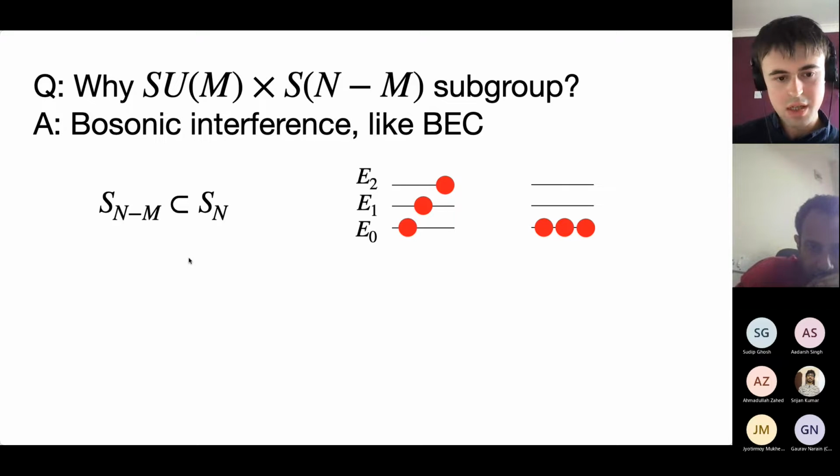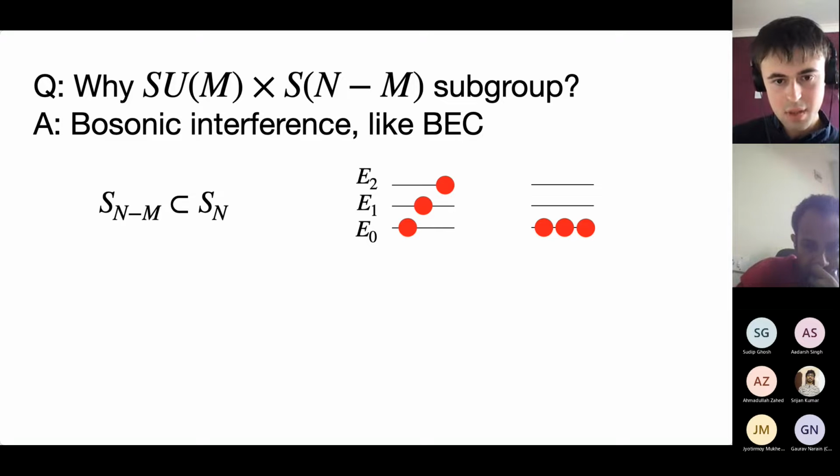In a Bose-Einstein condensate, bosonic particles are identical, and they have a redundancy or a gauge symmetry under permutation of the particles. If a set of particles are in different energy levels, then labeling them is highly redundant, and we can project out to get a gauge invariant state.